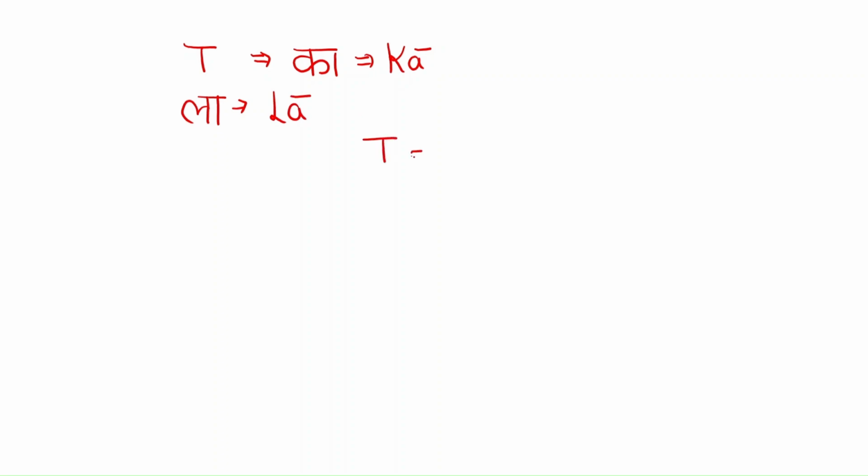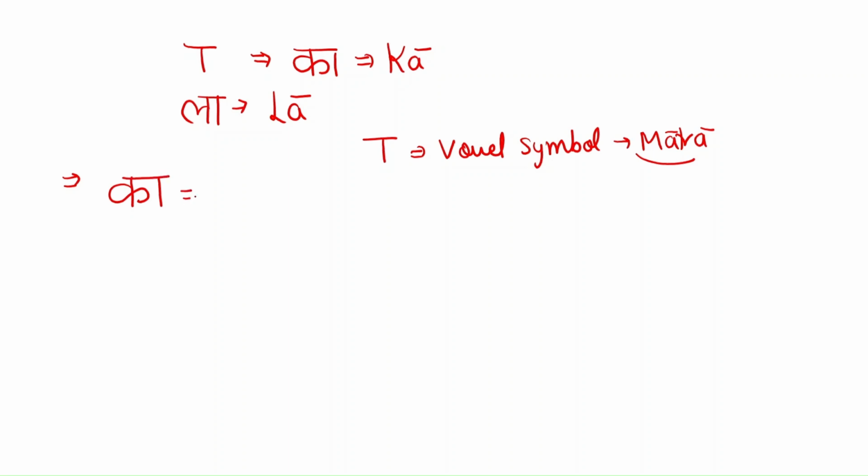This vertical bar is a vowel symbol, or matra. So after K, if I add this vertical bar, it will be ka. After le, it will be la.